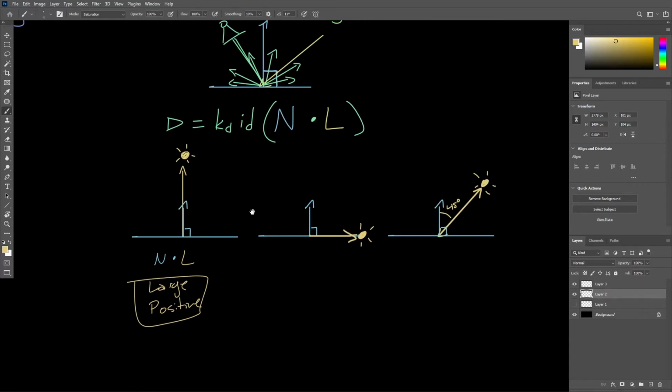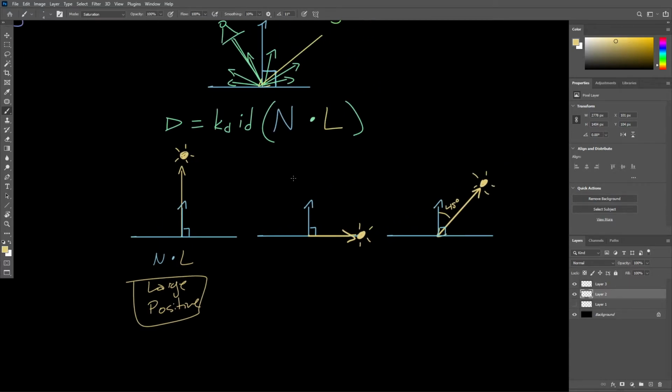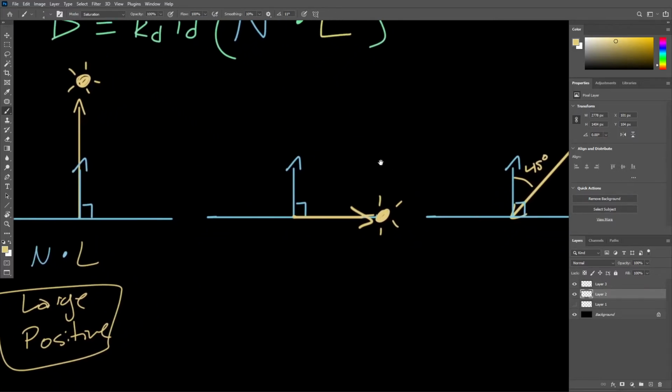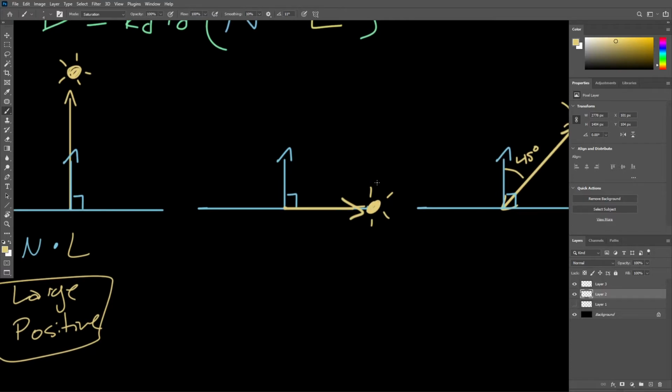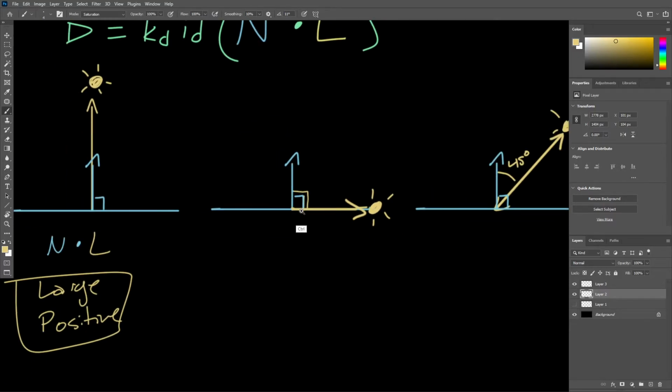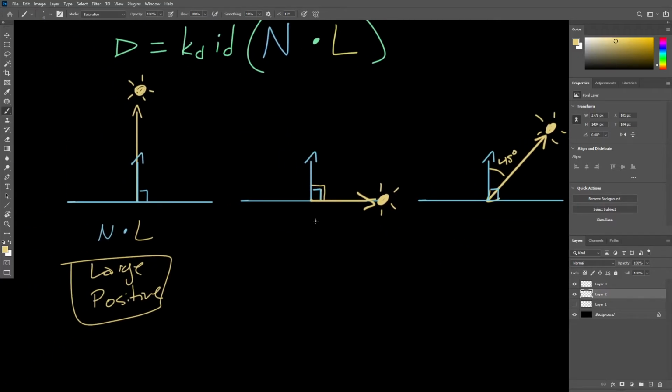All right, let's take a look at this scenario right here with the light source exactly on the surface of the object, or in other words, perpendicular to the normal vector. What would the dot product be in this case?